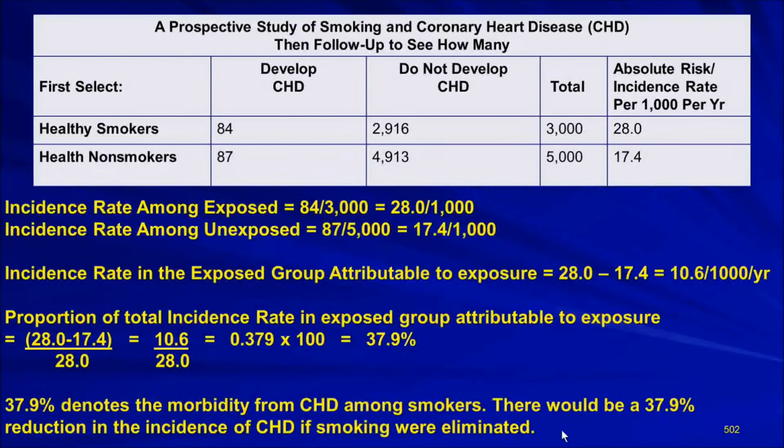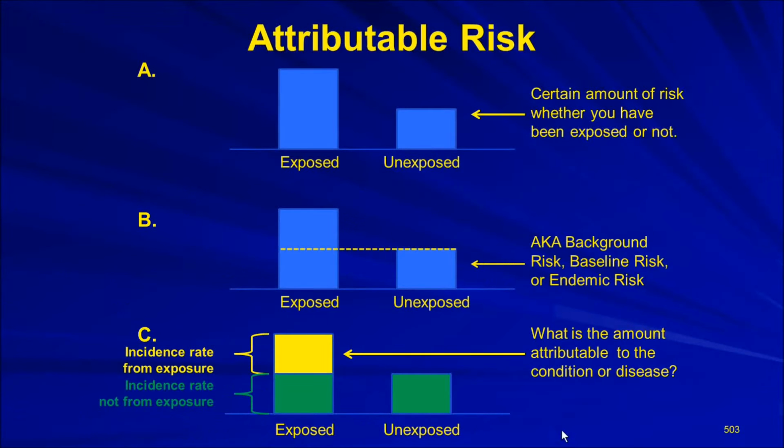Now, the most difficult for people is attributable risk, and I don't really understand why, but whether I do or I don't doesn't make any difference. It's whether you understand why. So I'm going to go through this.